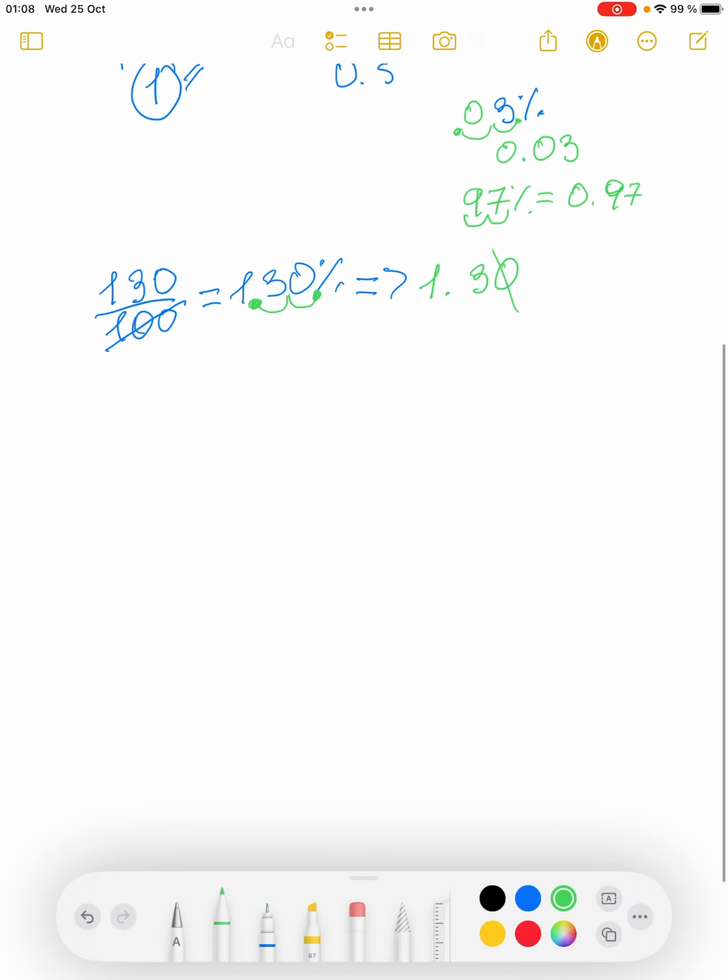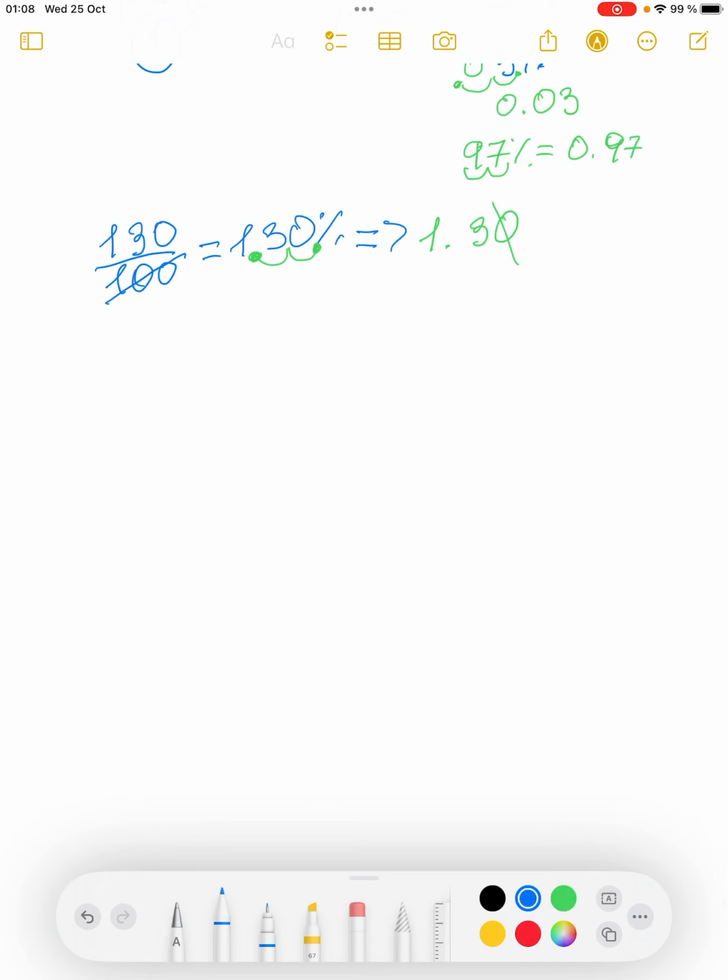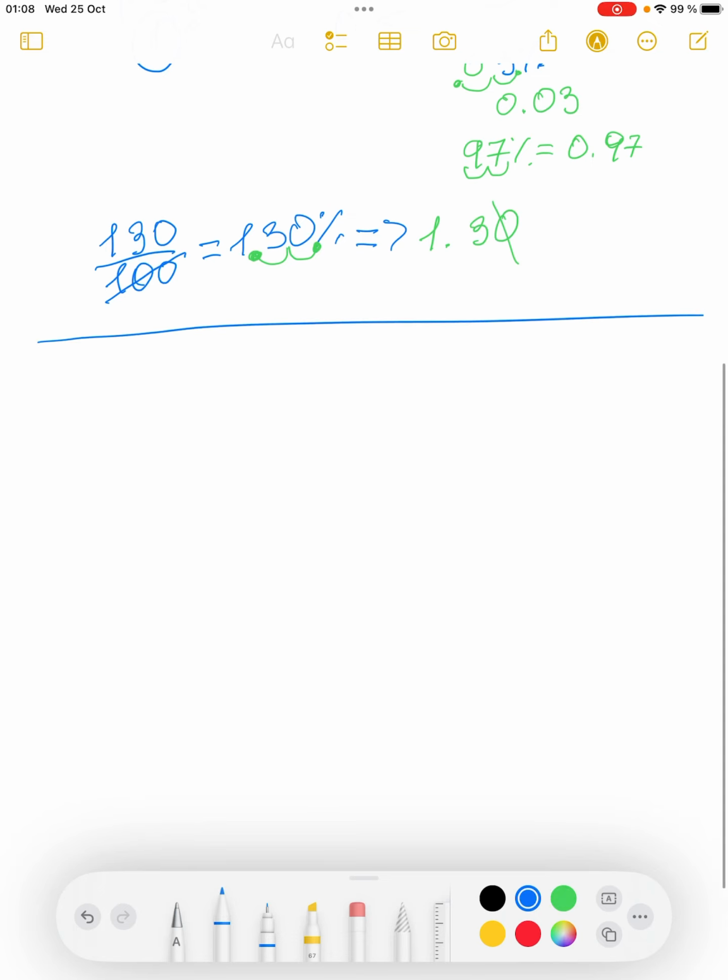Okay, let's go into the actual examples. So we have a first quantity. Quantity 1 is equal to 30. And then, for example, price has decreased.